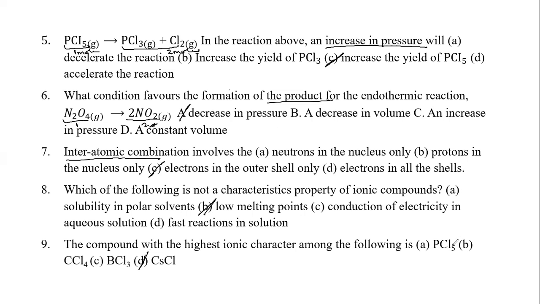All these others are non-metal, non-metal. Carbon is a non-metal, chlorine is a non-metal, to form covalent bonding. Boron is a non-metal, chlorine is a non-metal, they form covalent bonding. So the one with the highest ionic character is the one between a metal and a non-metal.